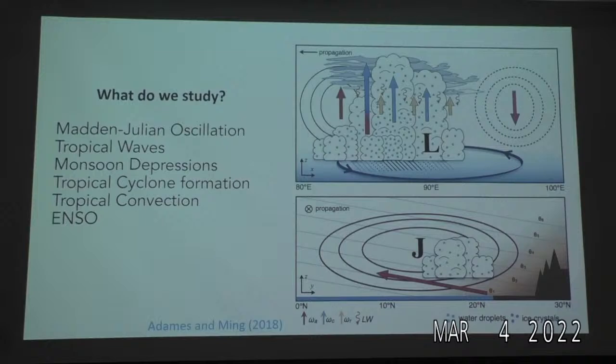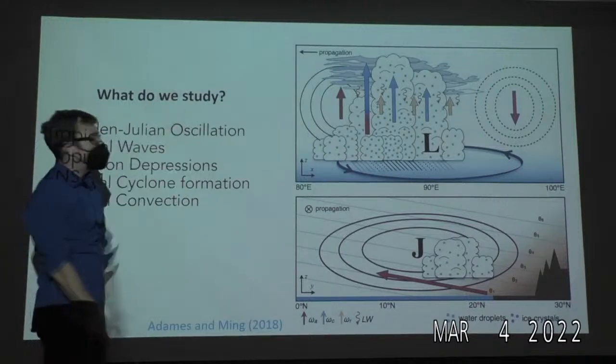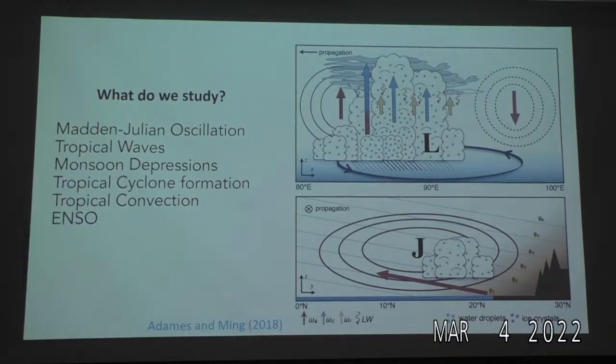Cool, next slide. So anyways, this is a slide tailored to the prospective students. If anybody wants to talk to me at any point in time, and you really want to nerd out with me and go to my office, we have looked at very specific disturbances and things that happen in the tropics. For example, the Madden-Julian Oscillation. We also look at tropical waves. My student Rosa looks at both African and Pacific easterly waves.